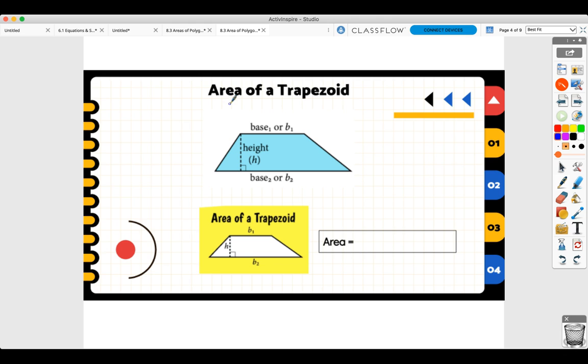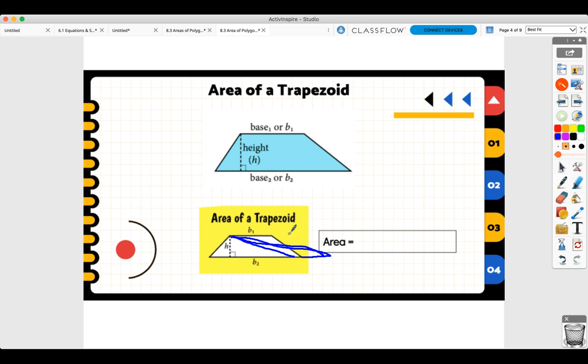All right. So what we found out is that when you cut off part of this trapezoid and flipped the piece over, you turned it into a triangle. You get something that looks like this.